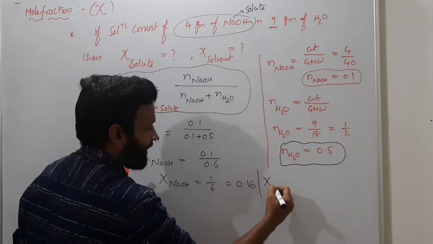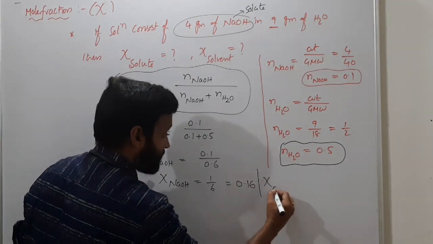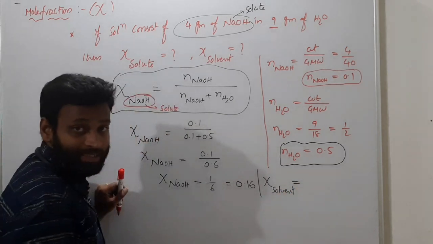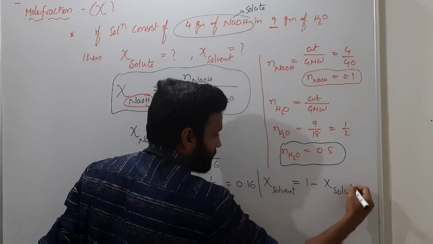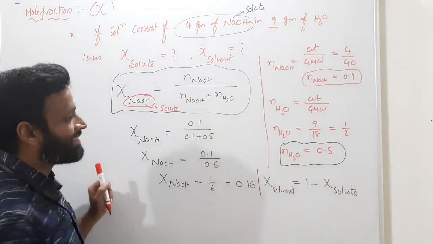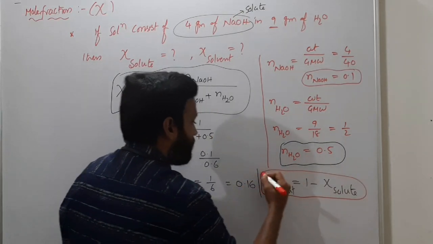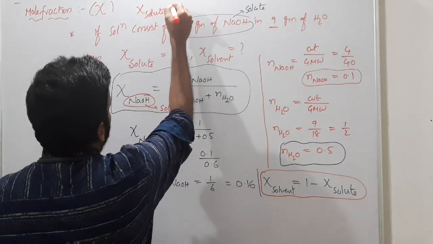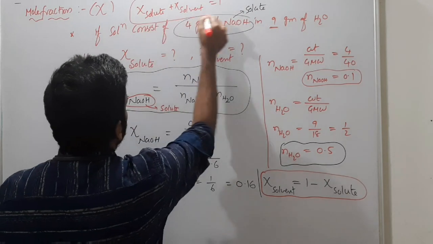What is the mole fraction of solvent? Who is the solvent there? Water. The mole fraction of solvent is equal to 1 minus the mole fraction of solute. You have no need to calculate again like this. You know the relation: mole fraction of solute plus mole fraction of solvent is equal to 1.